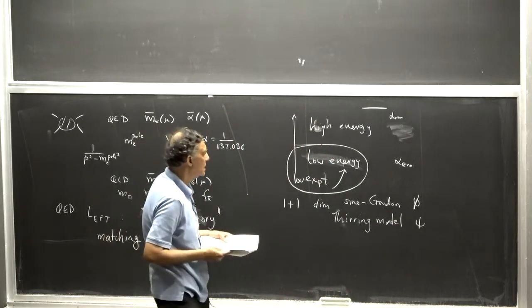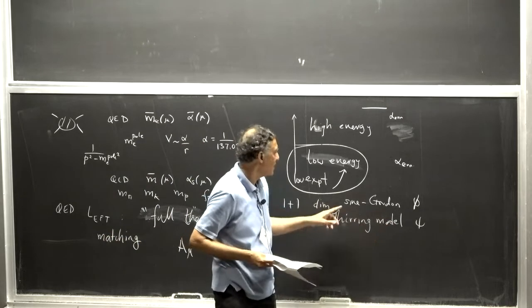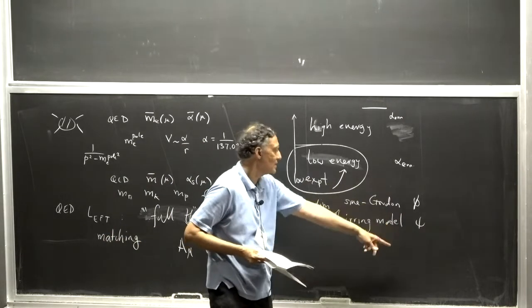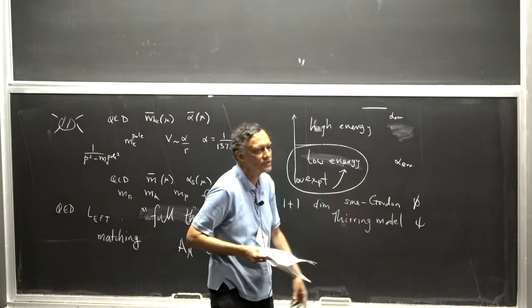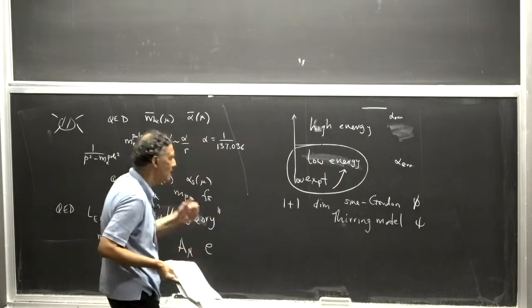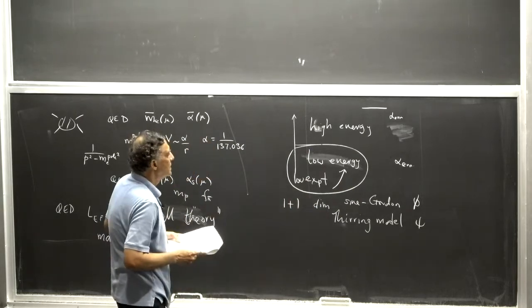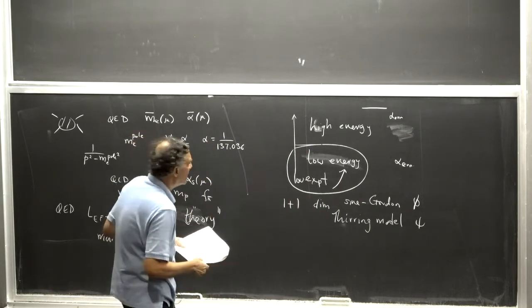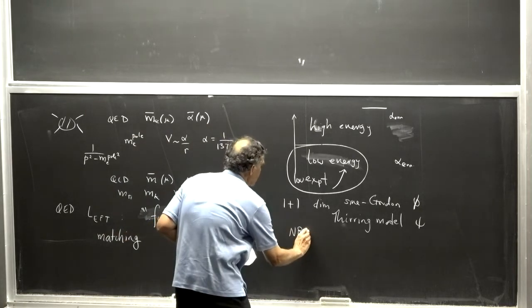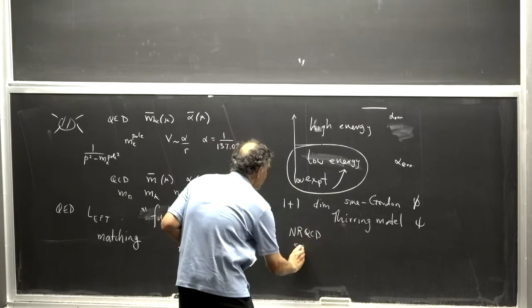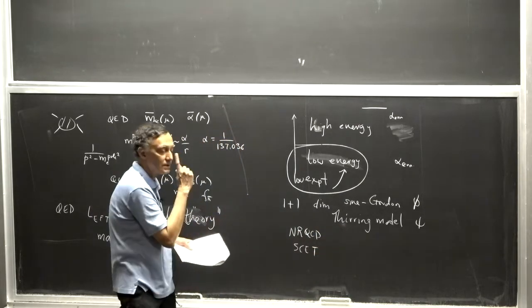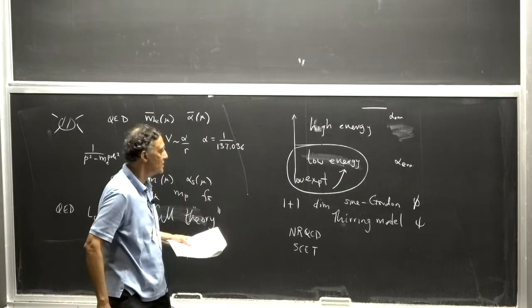Bound states of the Thirring model can be the scalar field of the sine-Gordon model, and solitons in the sine-Gordon model become the fermion of the Thirring model. So in this case, you have two different descriptions which look completely different, but they are actually the same. From a four-dimensional point of view, when you do non-relativistic QCD or soft collinear effective theory, it turns out you need multiple gluon fields to represent different momentum modes of the original gluon.